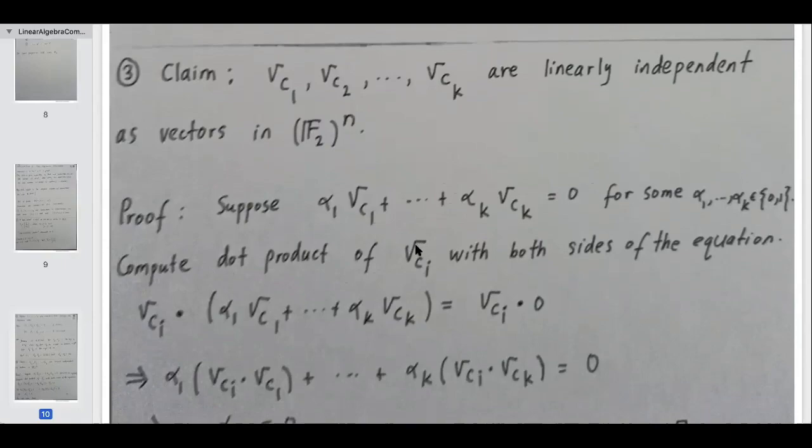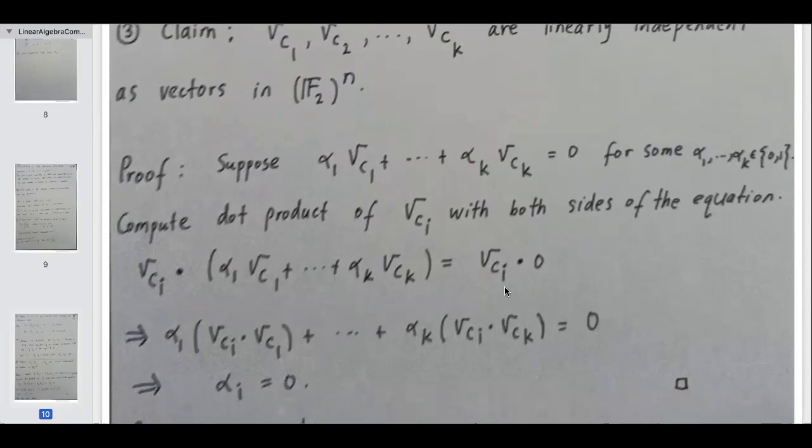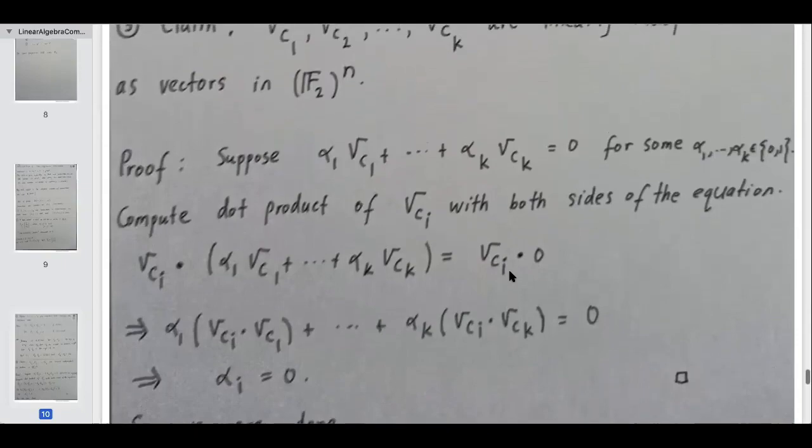So we get vCi dot (alpha 1 vC1 plus dot dot plus alpha k vCk) is equal to vCi dot 0. And vCi dot 0 is just 0, the zero real number, since the dot product with a vector whose components are all 0 is always zero.